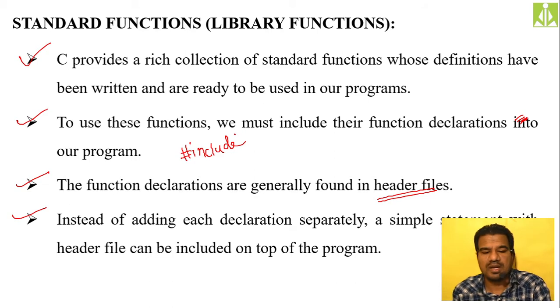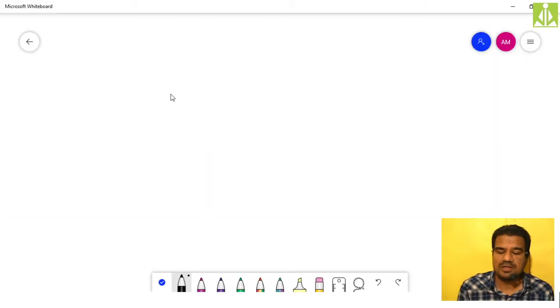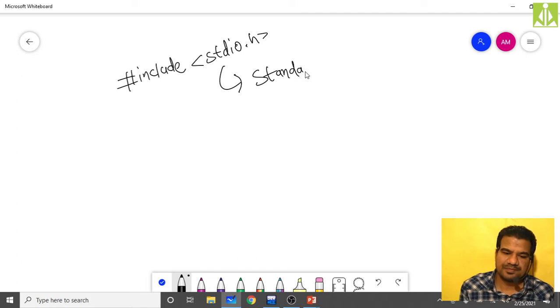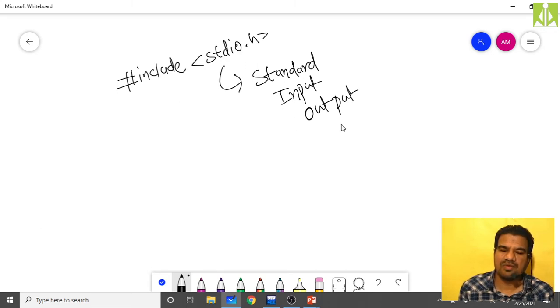I will quickly go to my whiteboard to explain this one. Now here I will write that statement. We write hash, followed by the include preprocessor directive, then stdio.h. Here stdio.h stands for standard input output: std for standard, I for input and O for output.